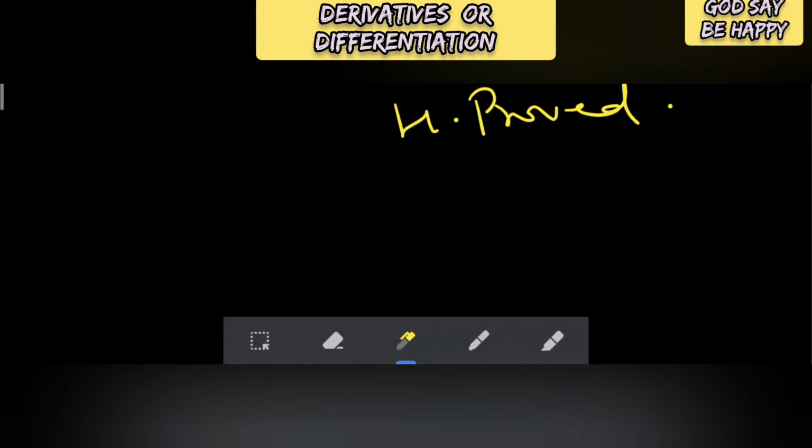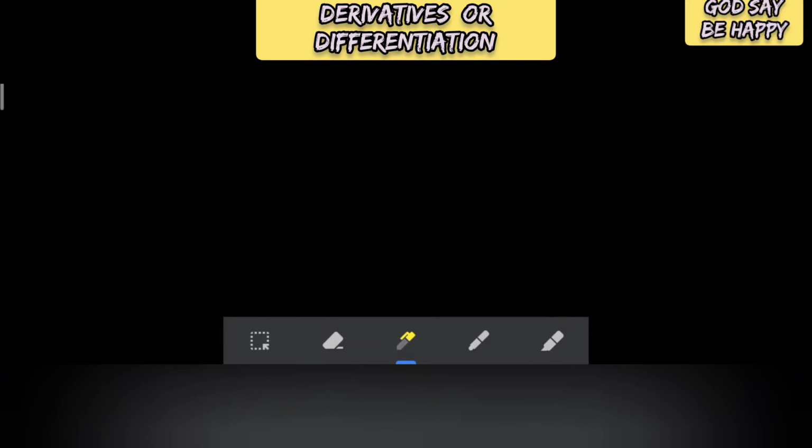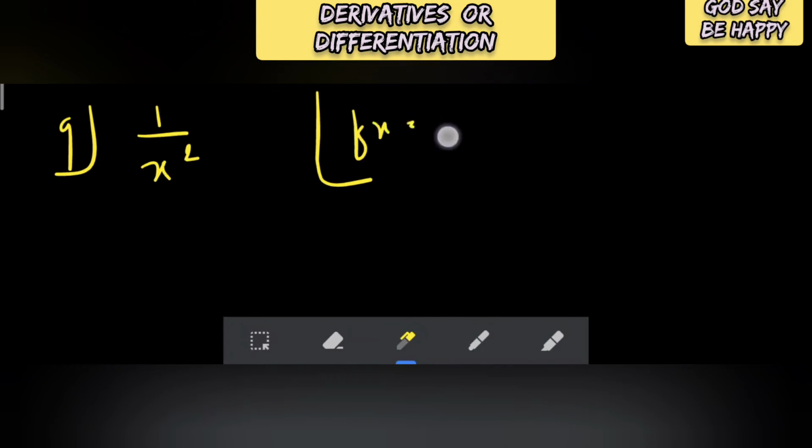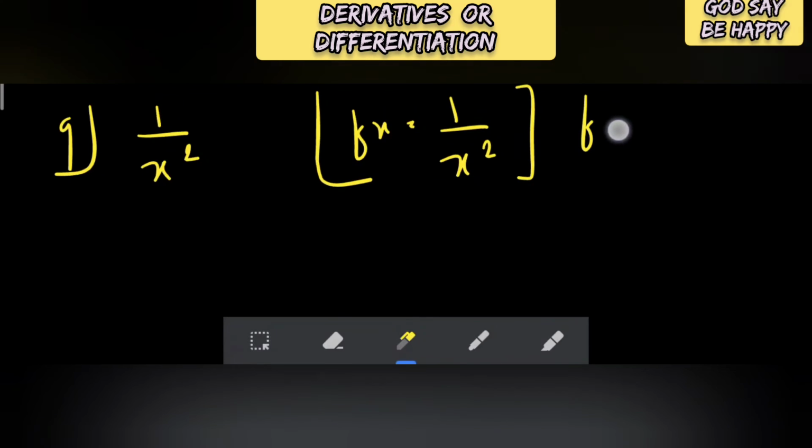Now let's do one more question using first principle. Question: let's do the derivative of 1 upon x square. So we will do it like this: f(x) equals 1 upon x square, and f(x plus h) equals 1 upon (x plus h) square.